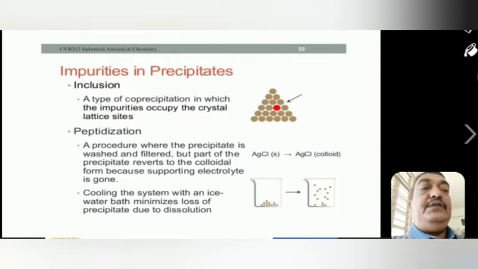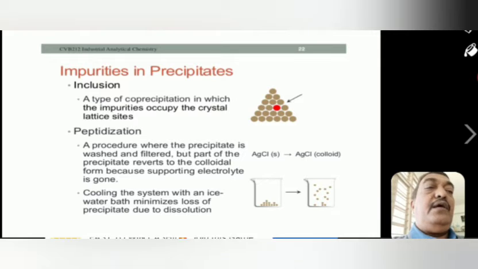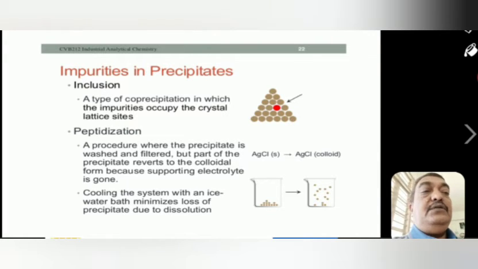Then impurities in precipitation, already I have shown. You can see the diagram, inclusion. So we have a red color crystal and another is a little bit of brown color. These brown color ones are the crystals of the substance.